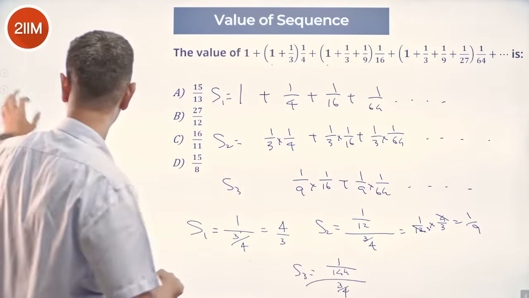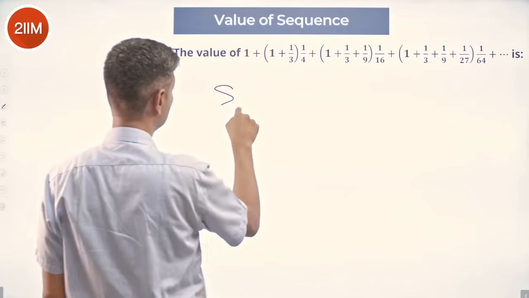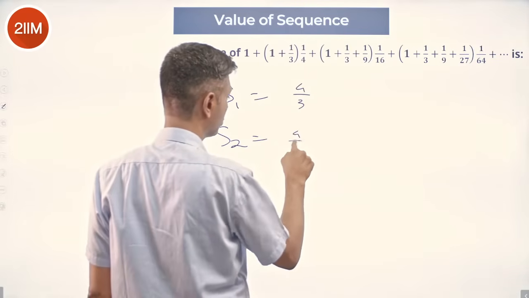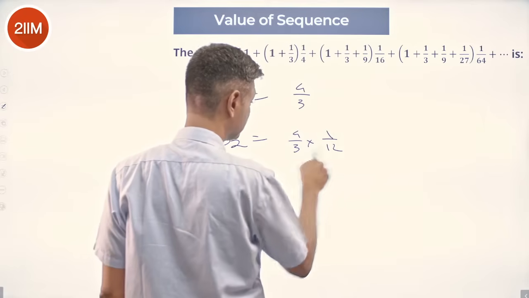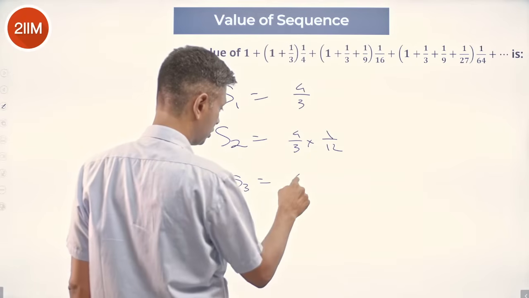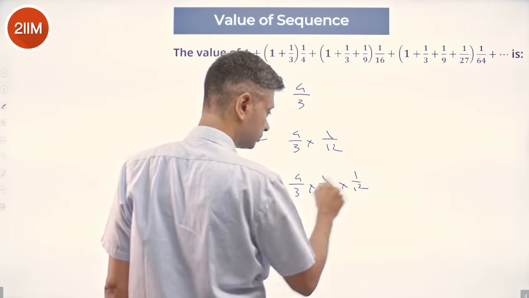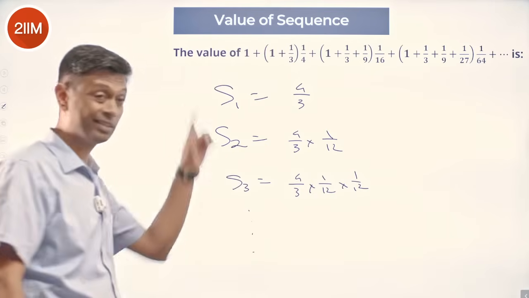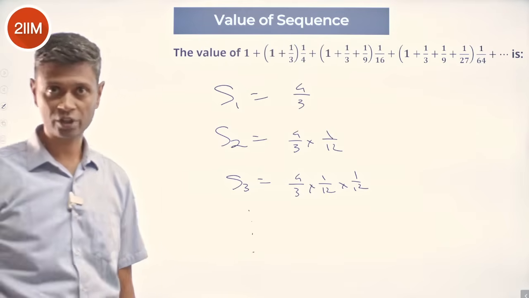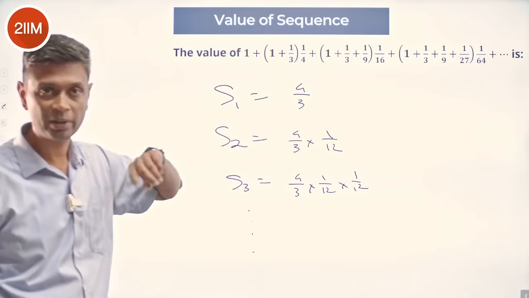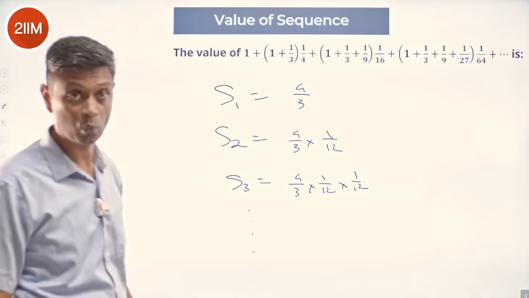Or if you think about it, S1 is 4 by 3, S2 is 4 by 3 into 1 by 12, S3 is 4 by 3 into 1 by 12 into 1 by 12. This is again an infinite geometric progression with first term 4 by 3 and common ratio 1 by 12.